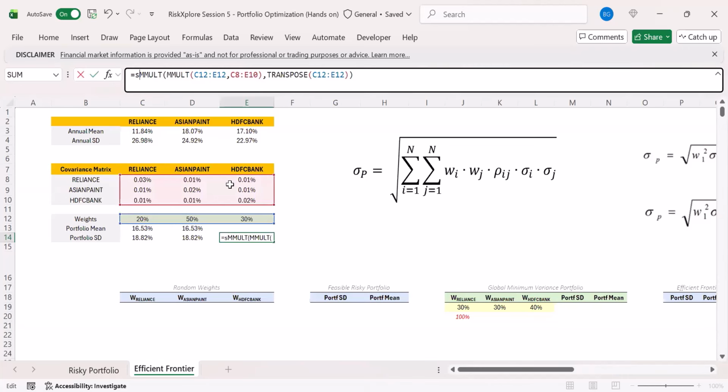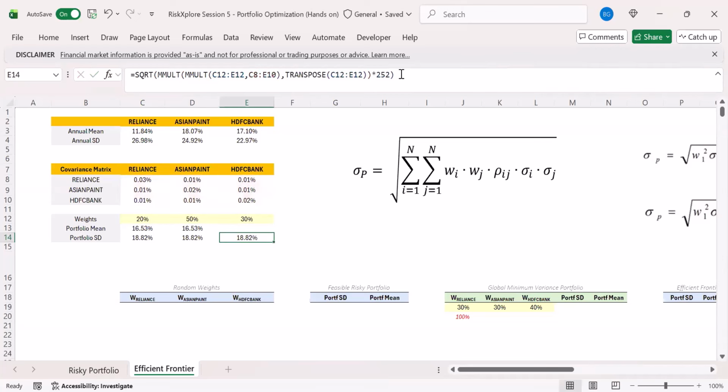Now we have to find the square root of this. We have this, and we can also do one thing. Instead of later on multiplying it by square root of time, we can directly multiply by 252 inside the square root, and we will simply get the same result. So we have computed portfolio SD in 3 different ways, and each of them is yielding the same result.